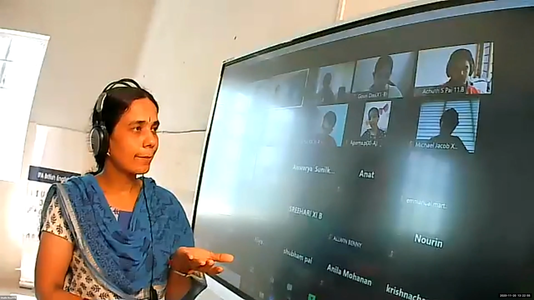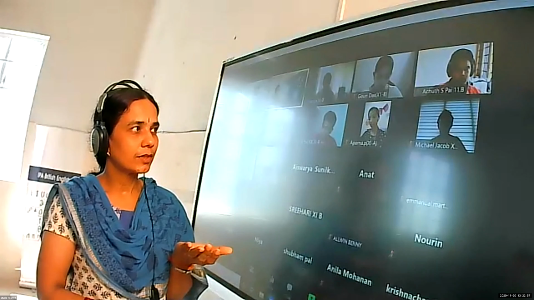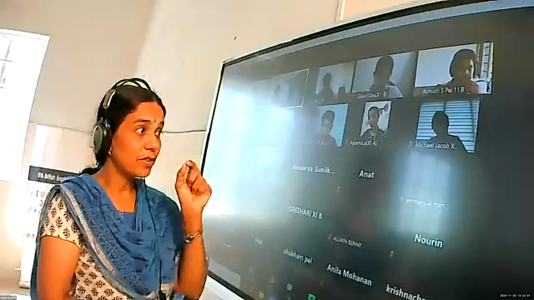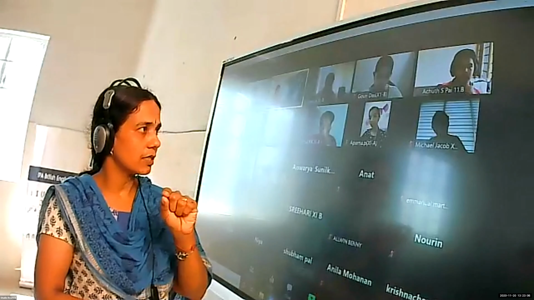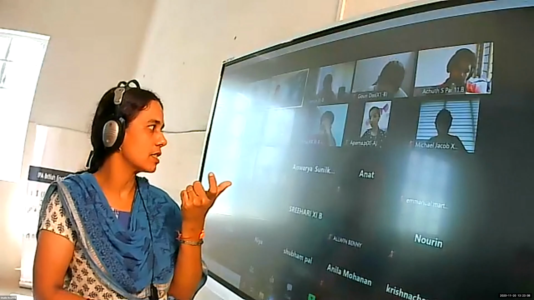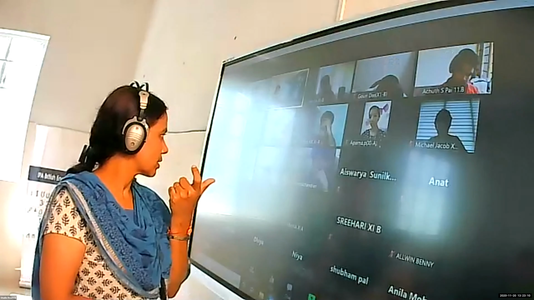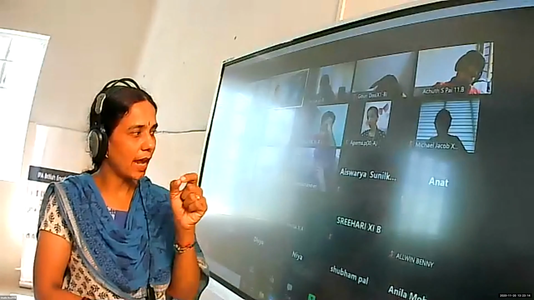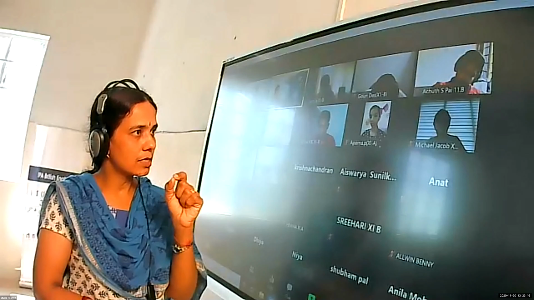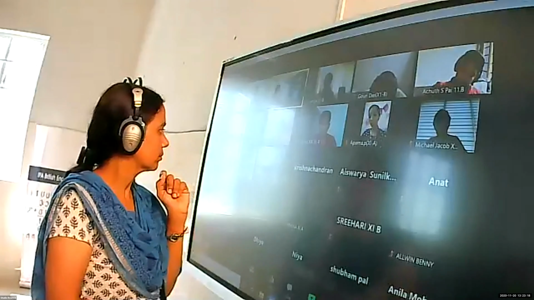What is A? If you define it as A, it is the distance from the center to the vertex. If you take 2A, it is the distance between two vertices. Is it clear? If you take A, it is the distance of one vertex from the center.